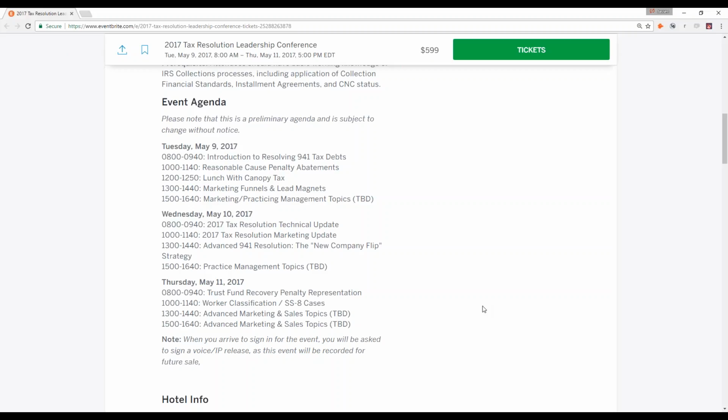It is not uncommon for them to have 1040 cases attached to them, to the individual that owns the business. But that's where the bulk of the tax debt owed to the federal government is, 941, not 1040. So that's where the bigger opportunity is, and it's where the higher fees are.